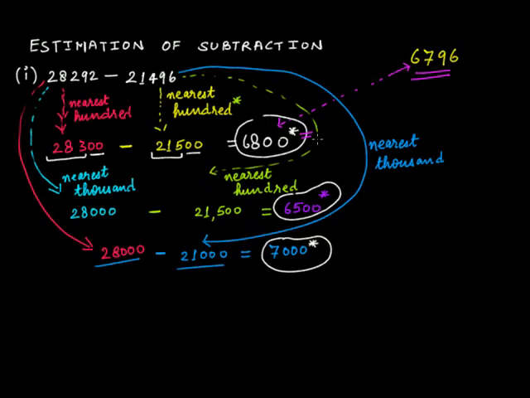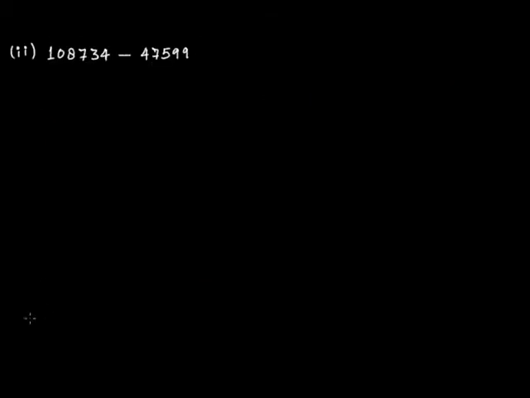Okay. Let's take one more example. Let's take one more question. It is 1,08,734 and this is 47,599. So let's round off, keeping in mind that we'll round off the numbers in a way that there's very little deviation or variation from their original value.